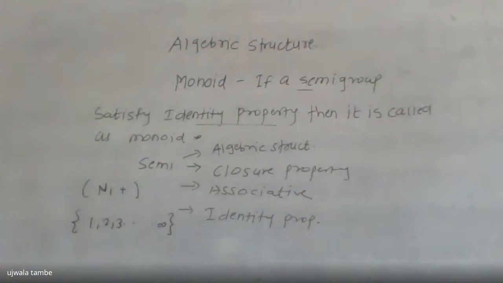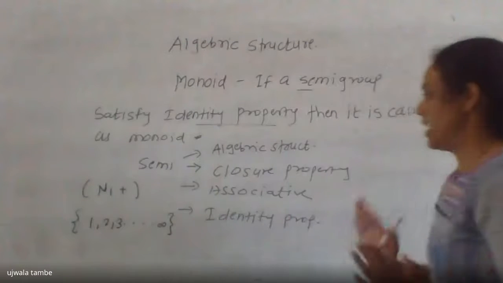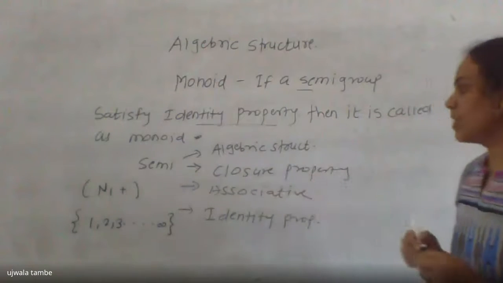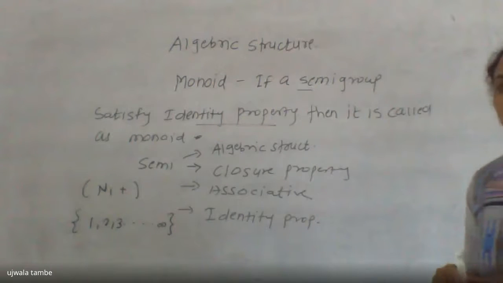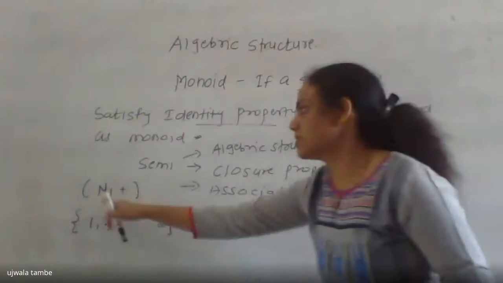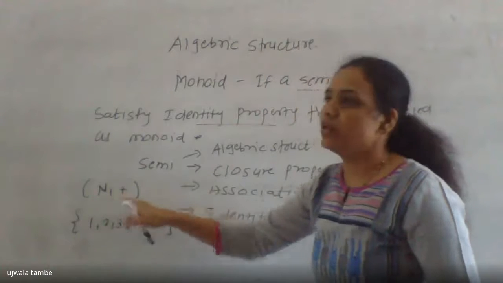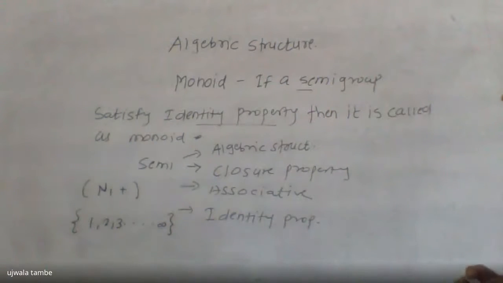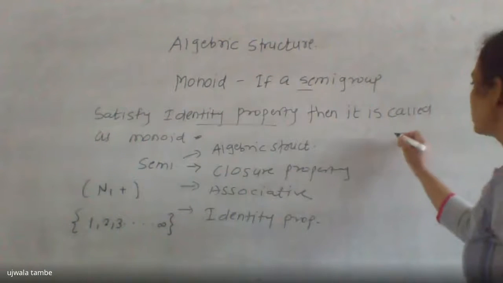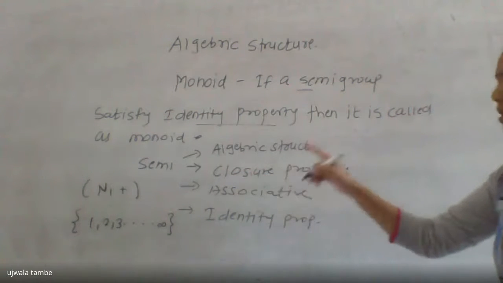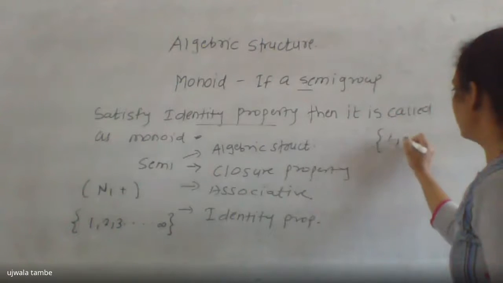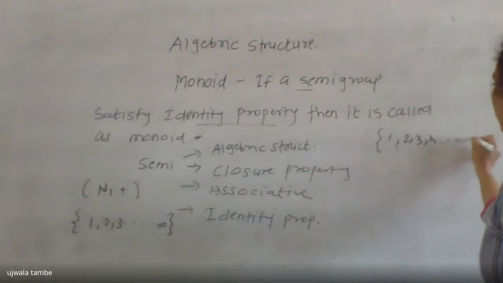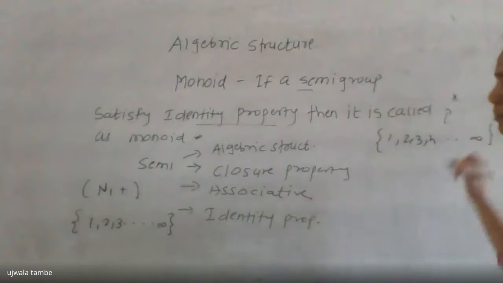Wait, I am going to explain it in detail. Okay? First we have to satisfy the closure property, and we can pick any two numbers randomly from the natural set, because for addition a minimum of two numbers is required. Maximum, we can pick any number of elements. So with respect to N, comma, plus, 1, 2, 3, 4 up to infinity, the set of positive numbers, right?